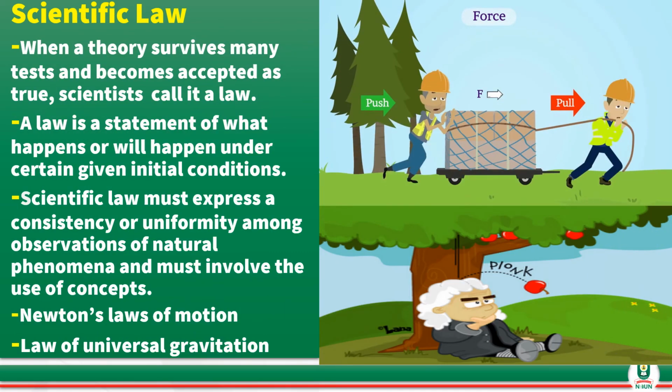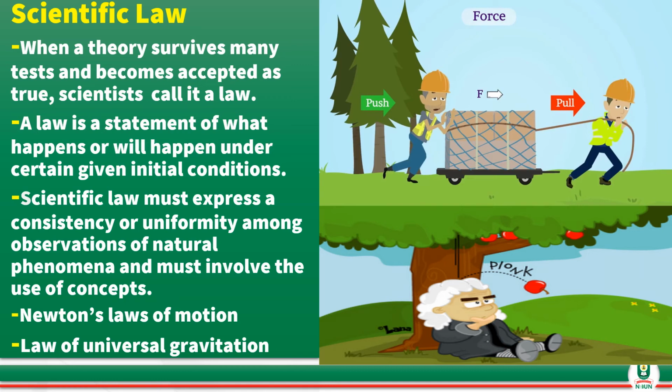Look at what we mean by scientific law. When a theory survives many tests and becomes accepted as true in the community of scientists, then scientists call it a law. So theories are passed into scientific law. A law is a statement of what happens or what will happen under certain given initial conditions.